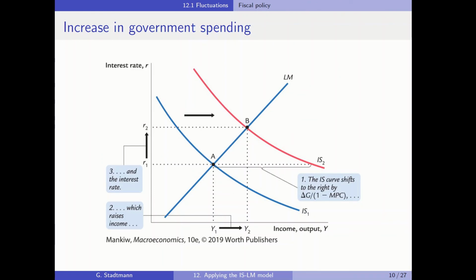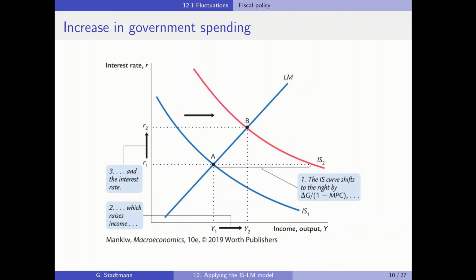Like here we have the first graph, which is related to an increase in government spending. The initial equilibrium here is point A, and we want to assume that in point A the economy is in a recession. The economy is in a big recession, unemployment rates are high, and now the question is, will an increase in government spending help to solve this problem?